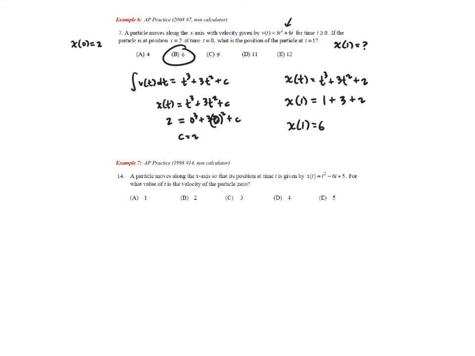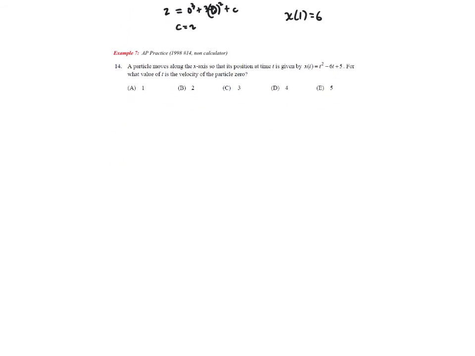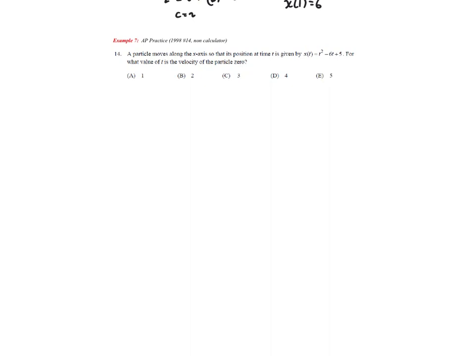All right, let's look at number 14 from 1998. A particle moves along the x-axis, so its position is given by the following. For what value of t is the velocity of the particle 0? Okay, now change your mindset for a moment. x of t is t squared minus 6t.